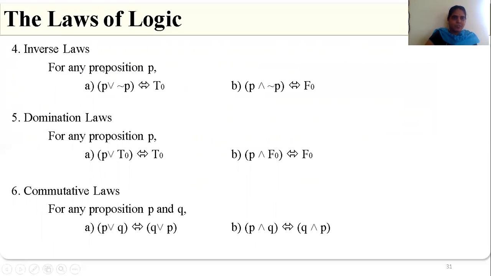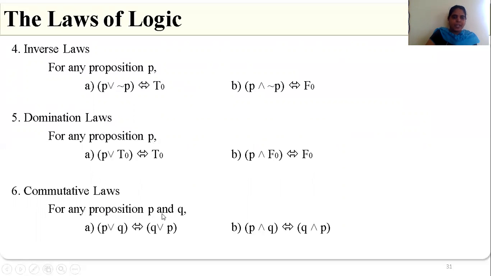Then the inverse law: for any proposition P, P or negation of P is logically equivalent to T-naught, and P and negation of P is logically equivalent to F-naught. Then the domination law: P or T-naught is T-naught, and P and F-naught is F-naught.